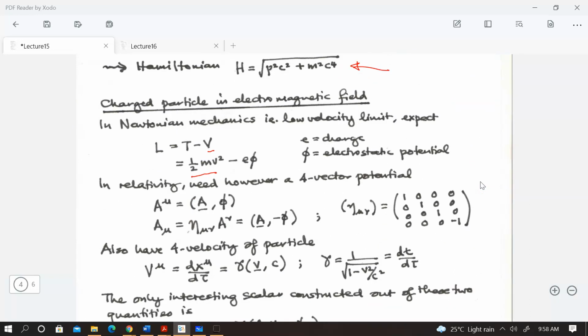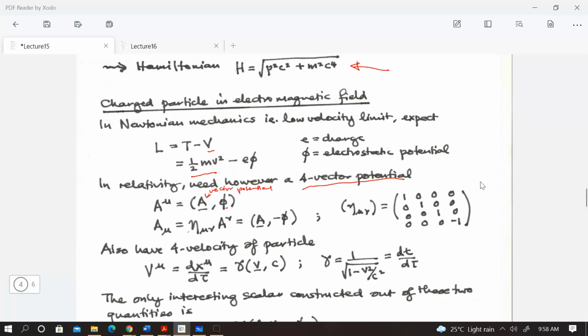Remember, your electrostatic potential, or scalar potential, is only a part of your four-dimensional potential from earlier. So your A mu, for example, is given by your vector potential and your scalar potential.